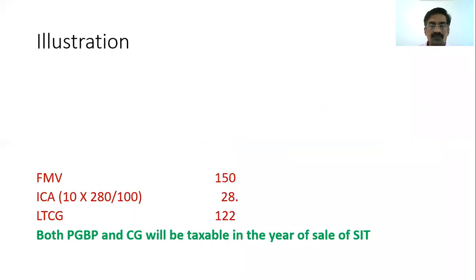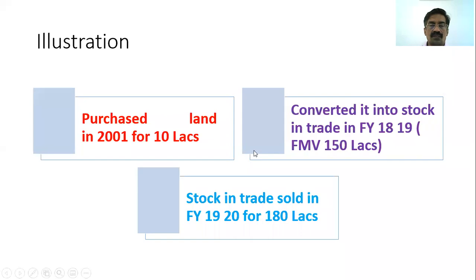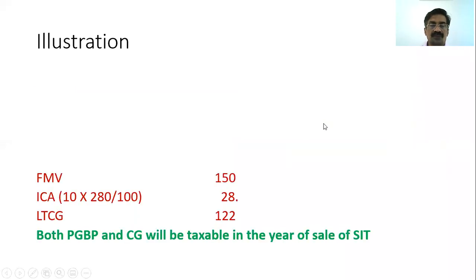So we'll just go to the answer for this question. Computation of capital gains and business income, both will be in assessment year 2021. That's the most important point. The sale consideration minus fair market value will be taken as your business income. The fair market value minus indexed cost will be capital gains. If you go to the equation again, the cost of acquisition is 10 lakhs.